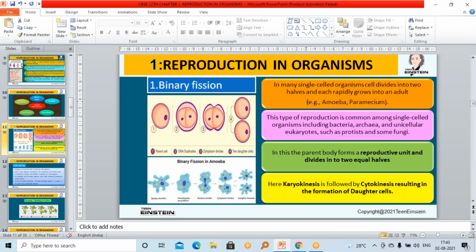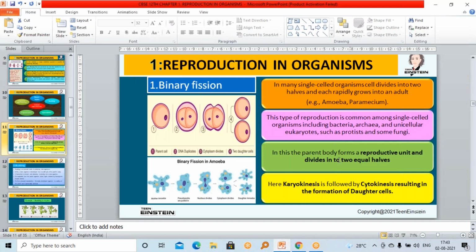Then after that, what is happening? After completion of karyokinesis, the next step is cytokinesis. Cytoplasmic division will take place, so the cytoplasm also will get divided. Already here nuclear division got over.